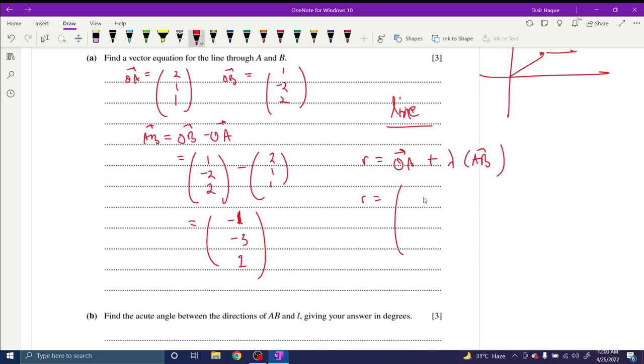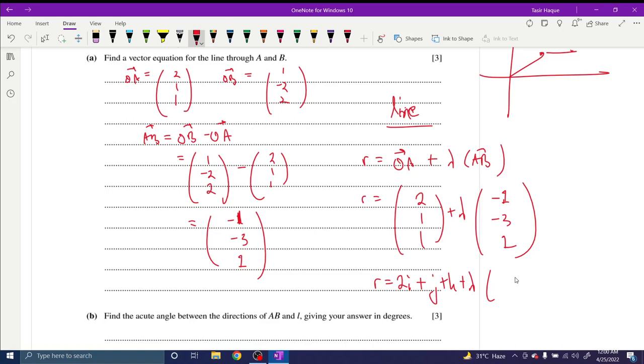So r is equal to (2, 1, 1) plus lambda (-1, -3, 1). This is it. You can keep it this way, or you could also write it in the form ijk. r is equal to 2i plus j plus k plus lambda (-i minus 3j plus k). Okay, this works as well.